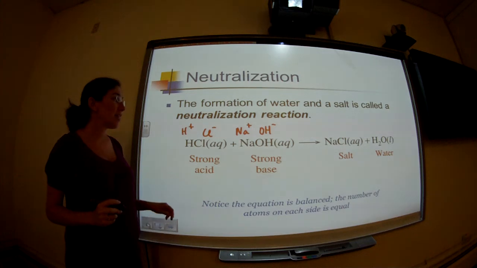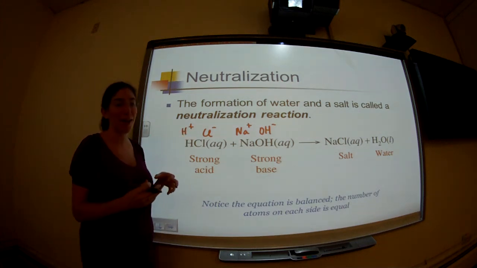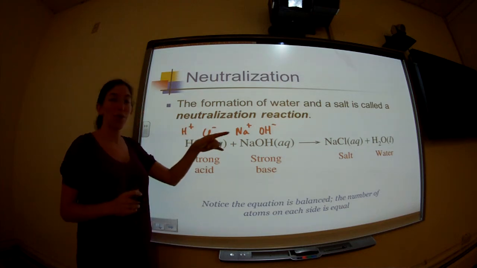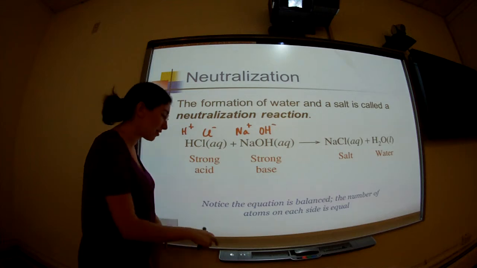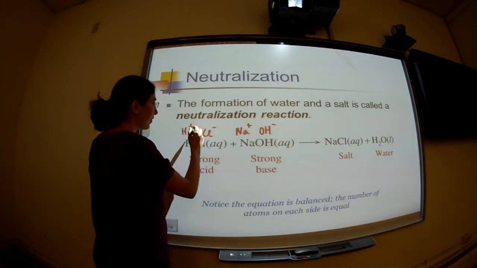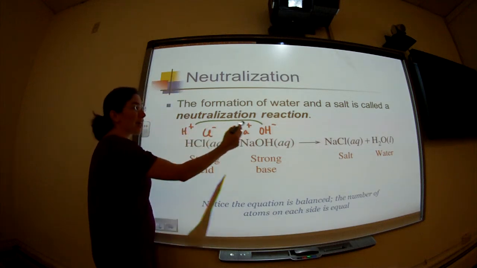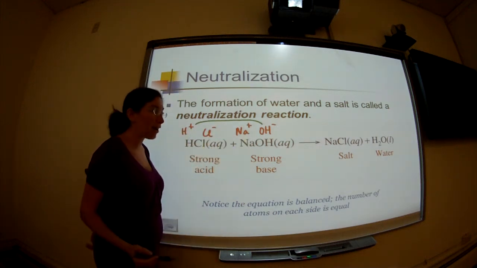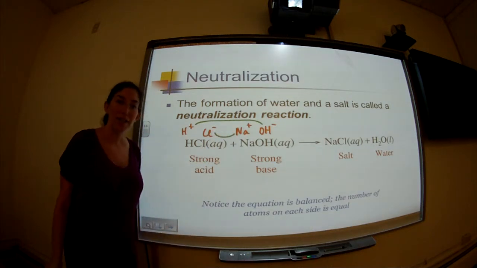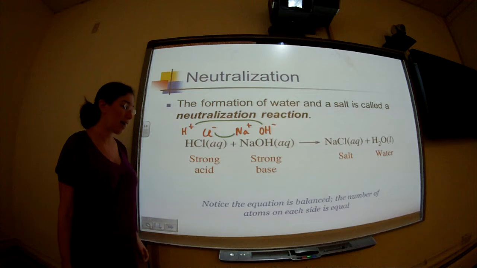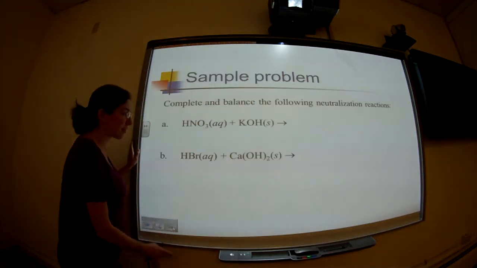So these are like husband-wife pairs, married couples. After you go through the reaction, you think of them like swingers. They switch partners, okay? So hydrogen, instead of bonding with chlorine, is now going to bond with hydroxide to make water, and chlorine and sodium are going to bind together to make sodium chloride. That's how you get your products.